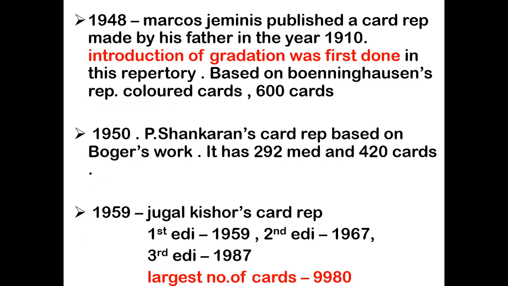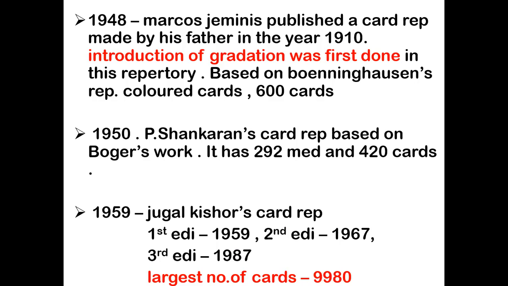In 1948, Marcos Jaminis published a card repertory made by his father in the year 1910. Introduction of gradation was first done in this repertory, based on Boenninghausen's repertory, colored cards, and that is 600 cards. So what is the important thing in these five lines?